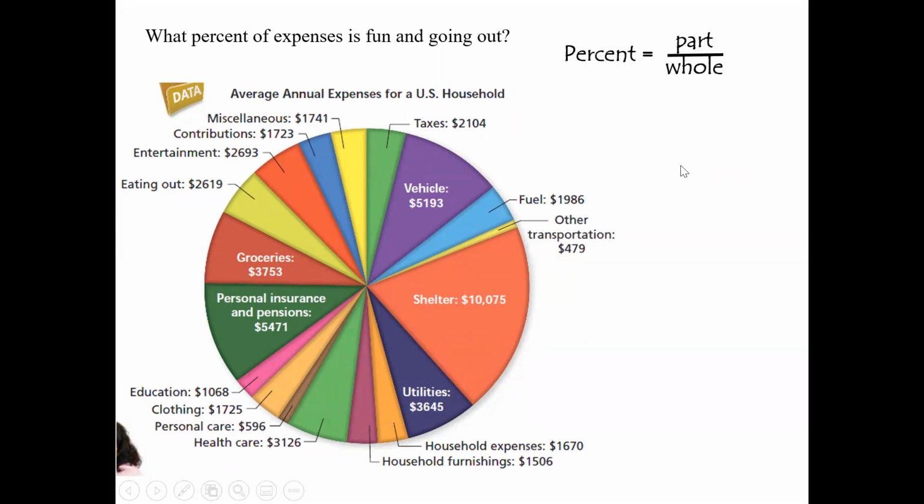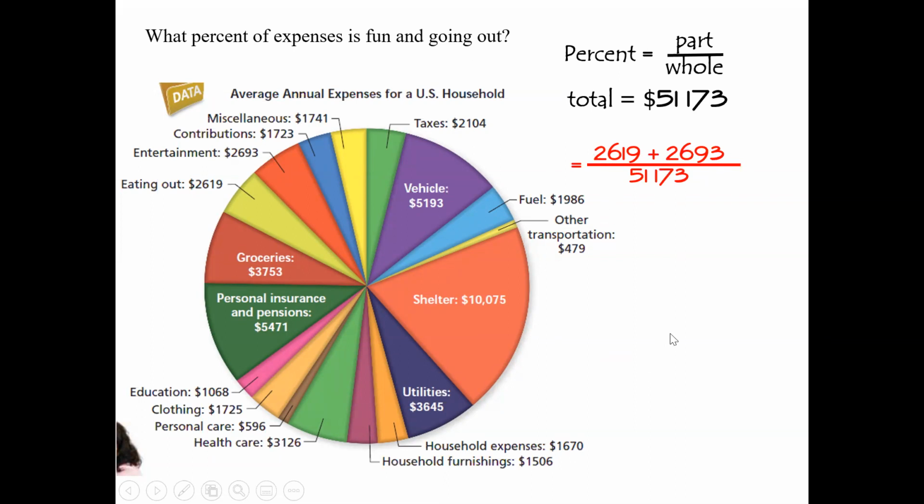Again, percent is part over the whole, right? And we already know the total of the pie is 51,173 because we did that earlier. In this case, we're going to add these two up: 2,619 plus 2,693 divided by the total.